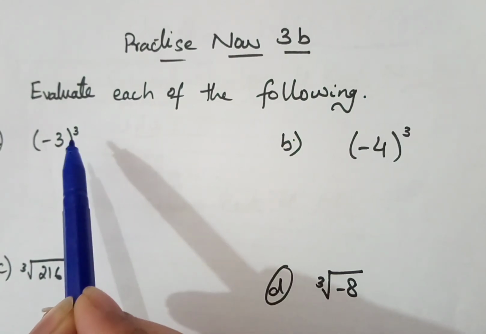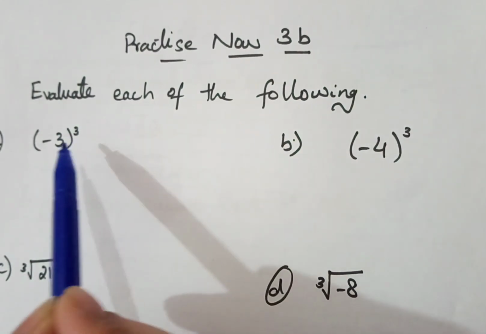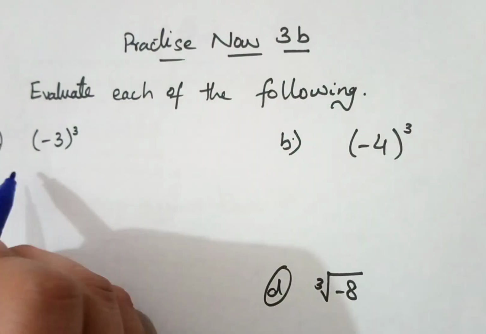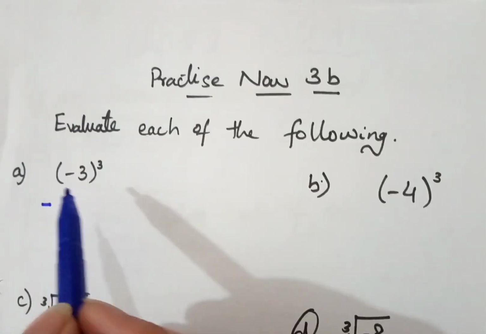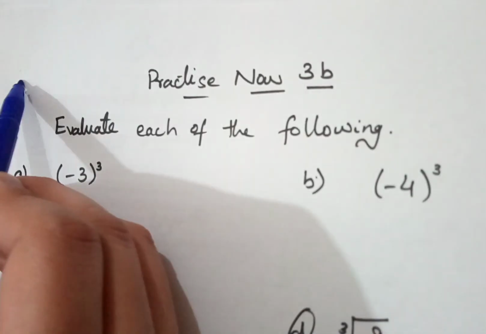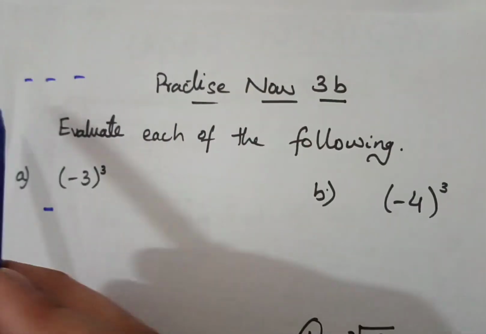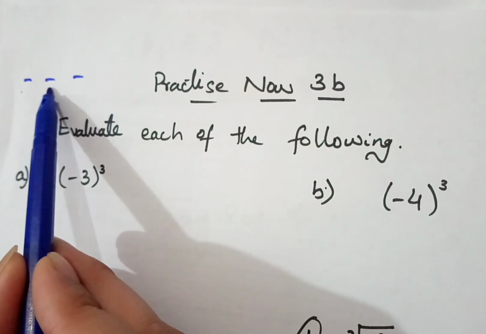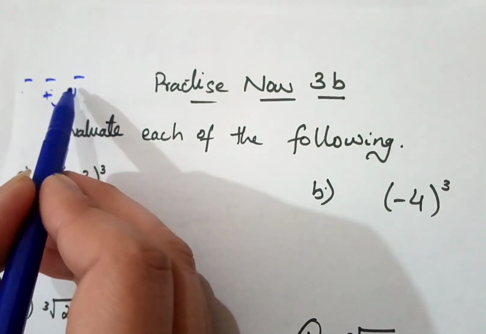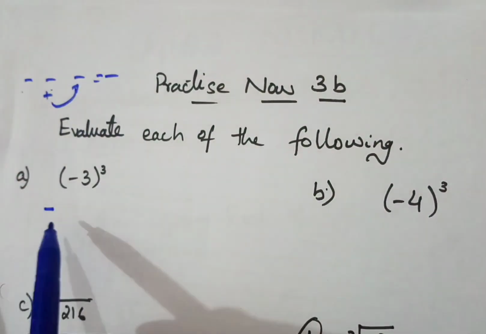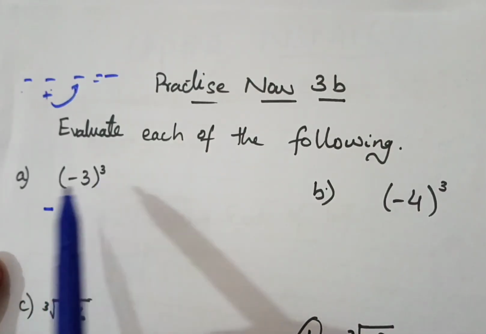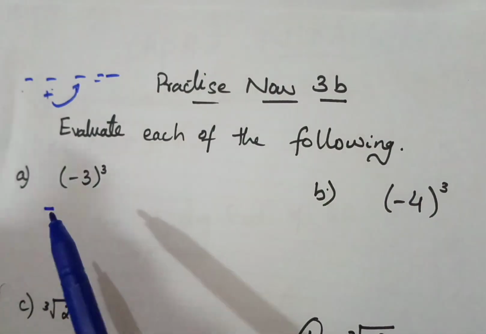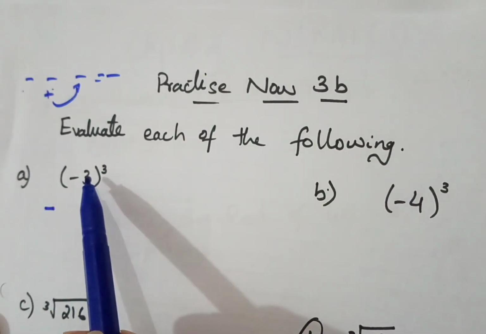So whenever there is an odd power outside the bracket, the minus sign will remain the same. Now we have to solve this 3.